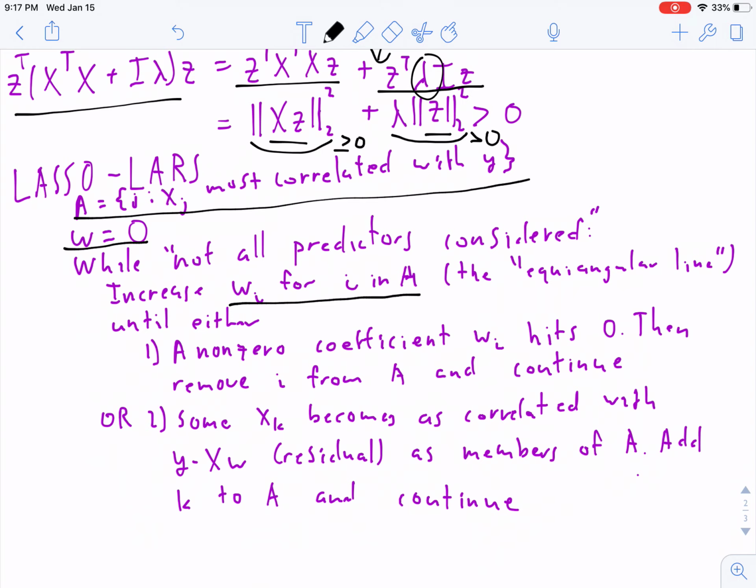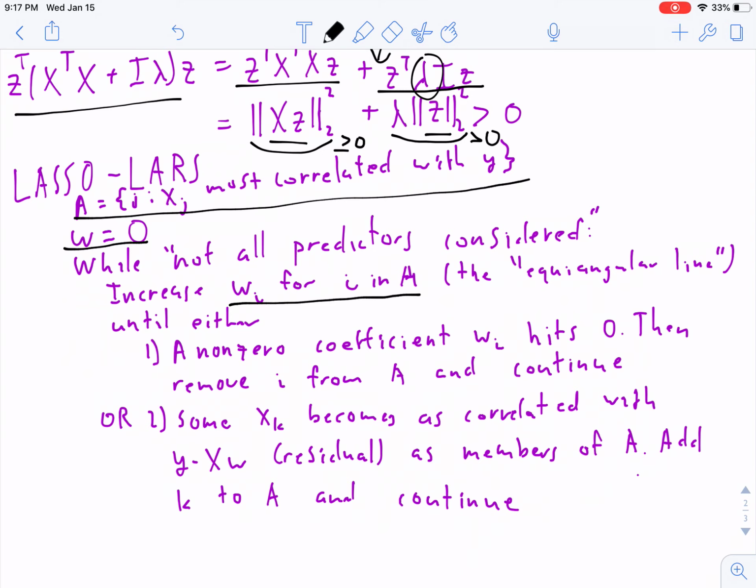In the actual paper, this is referred to as the equal angular line, but intuitively, we've picked the dimensions that are most correlated with the residual, and we're trying to shrink the residual down. So we want to increase in the direction that splits the difference between all those dimensions. That's why it's an equal angular line. We're increasing in the direction that's in the middle of all of those dimensions.